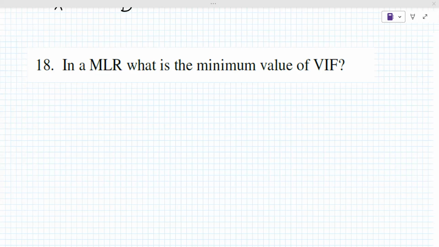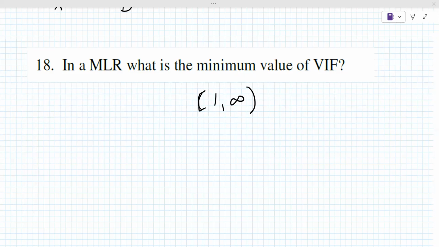You want your VIF to be greater than 5 to show real correlation. This is asking for the minimum value of VIF, and I believe it's 1, but it can go up forever. There are different thresholds for giving it meaning.